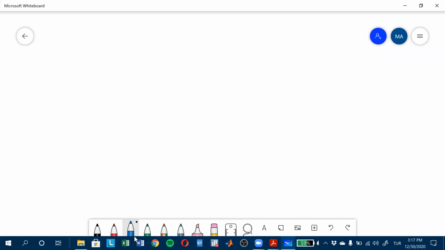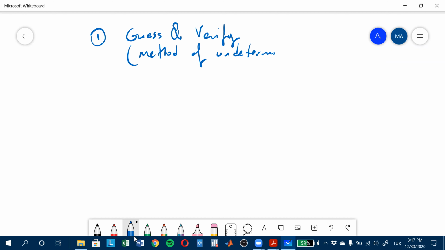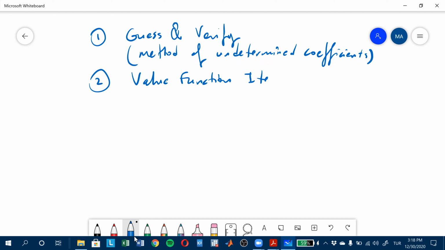What we will do is this. There will be first the method that is typically called guess and verify. This is the method of undetermined coefficients, actually. First, I will show you this. Next, I will show you value function iteration. Then I will show you policy function iteration.